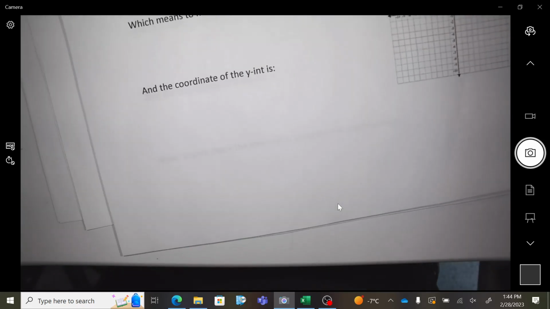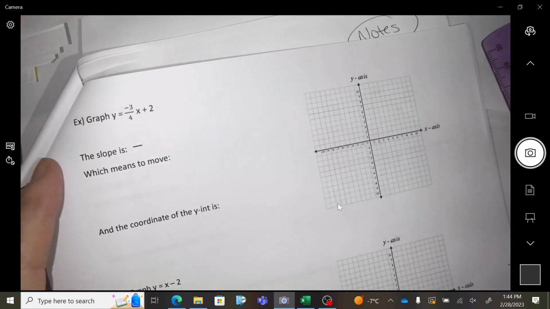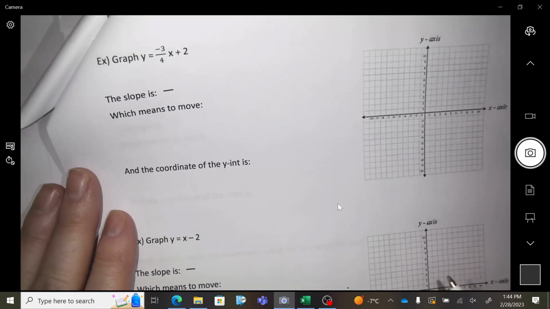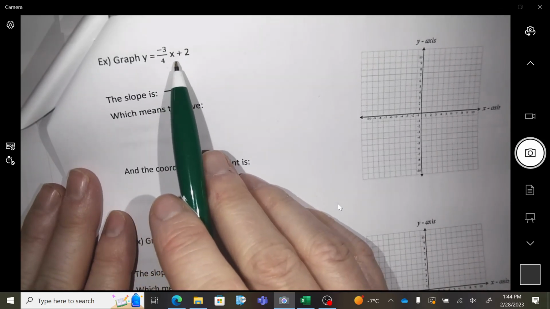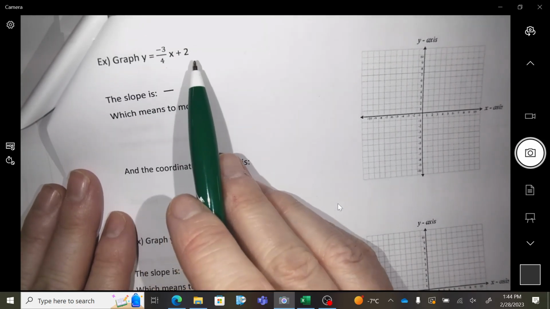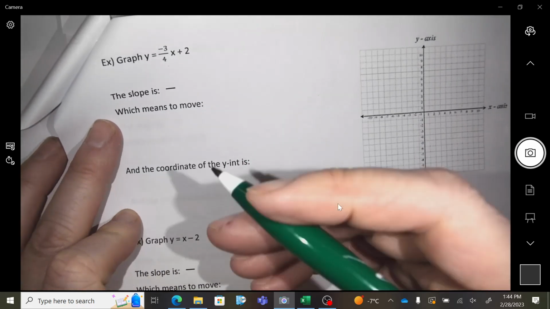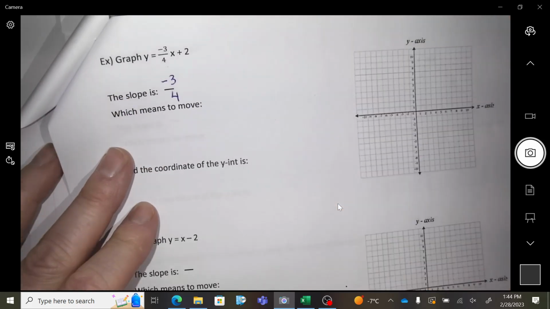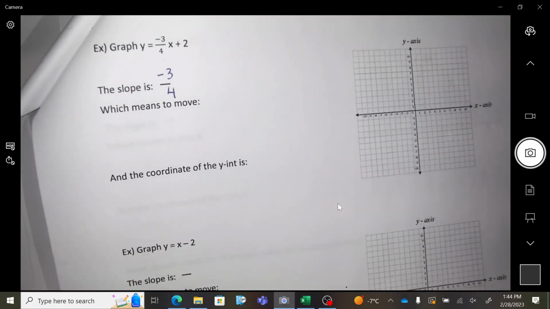Okay, let's try another one. So here's your equation, y equals mx plus b. You can see the form of it. So the slope is -3 over 4. That's the m that I found, mx plus b.